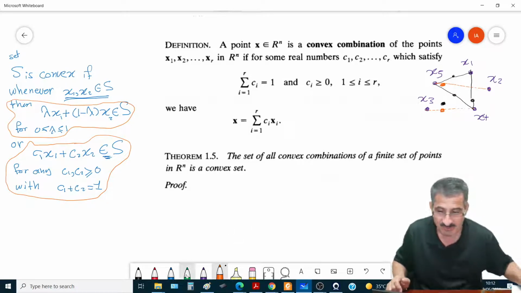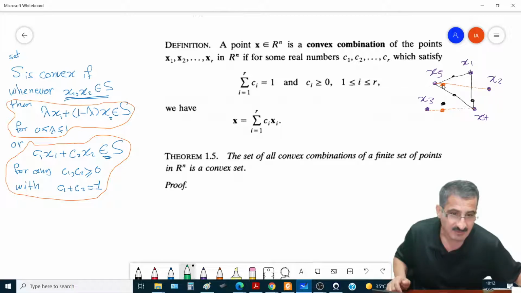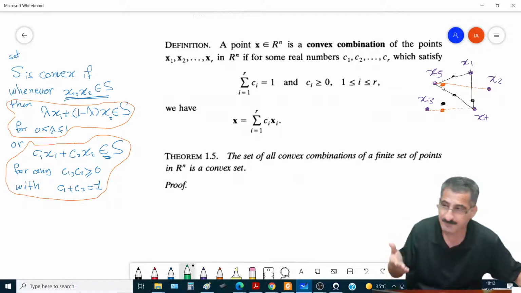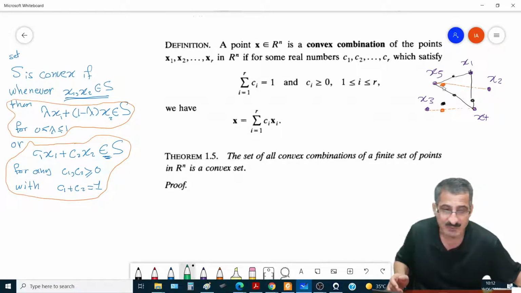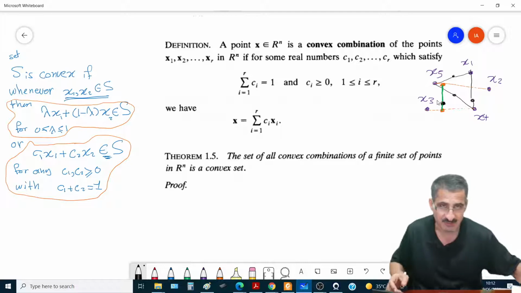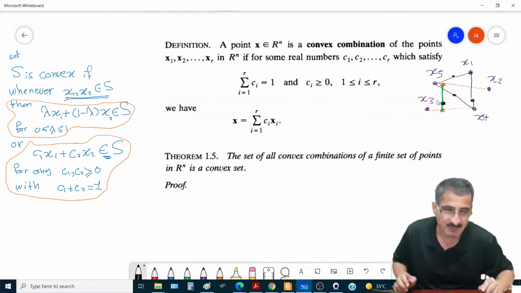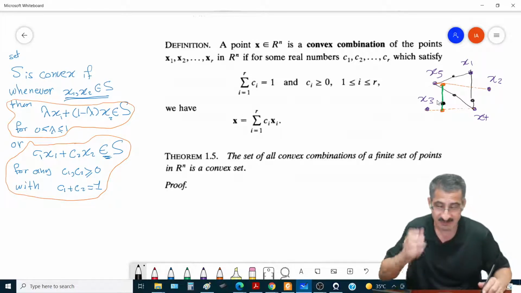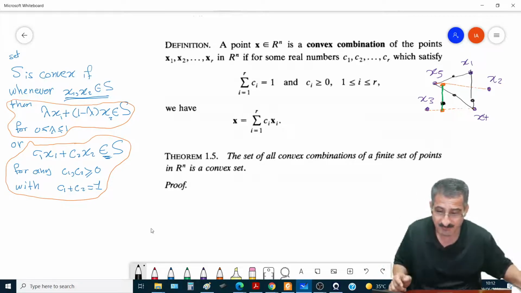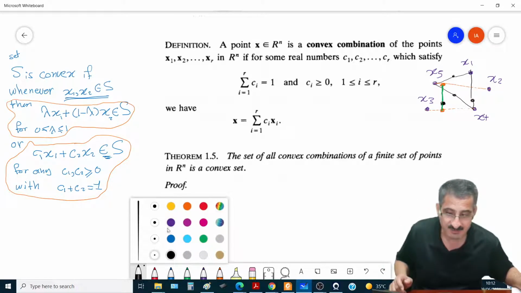So this new point, the orange one, is also in the convex set we are forming. Now we can join these two new points and get our point here. So this is in the convex set. We keep doing that, and the result will simply be, let me erase everything I made there.